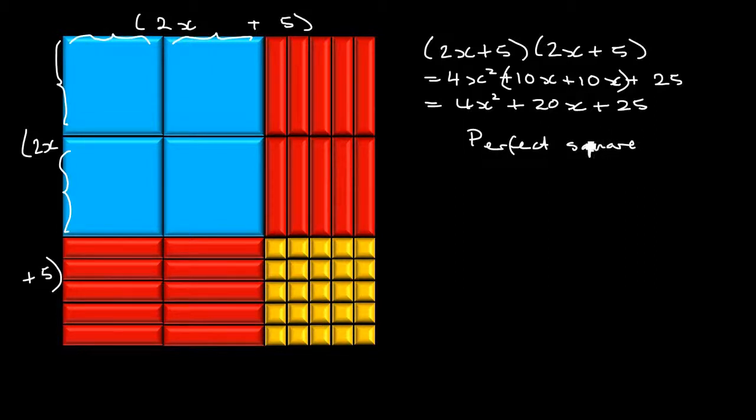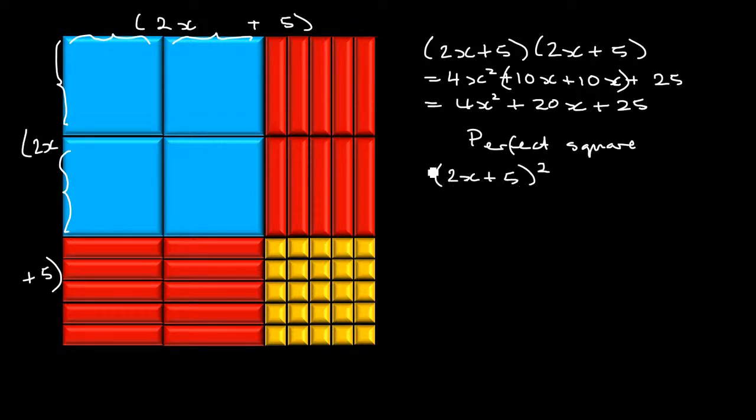And the reason why that's a perfect square is because when we factorize it, in other words, the two terms here that we multiplied together to make this, in fact, were 2x plus 5 and another 2x plus 5. And instead of writing it out again, we can just say squared.